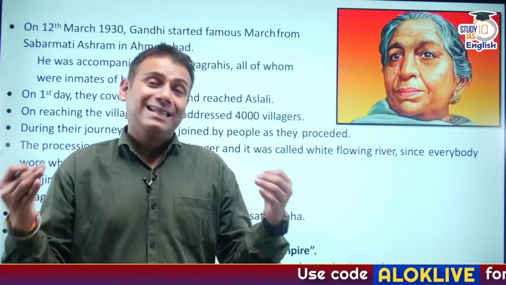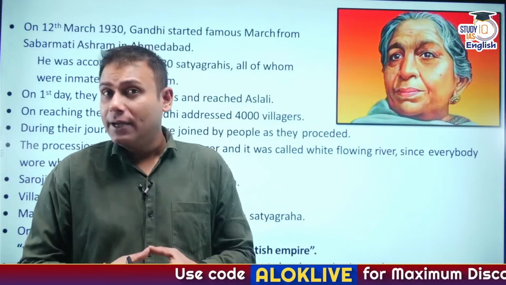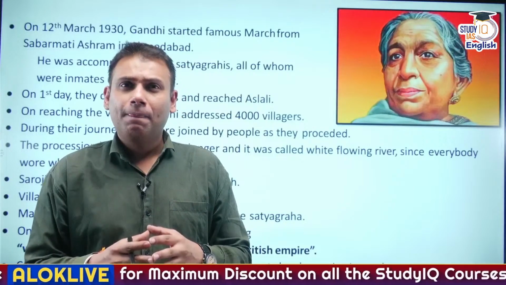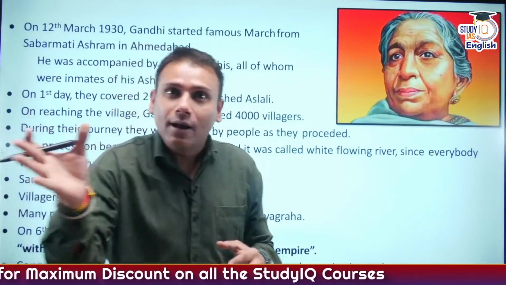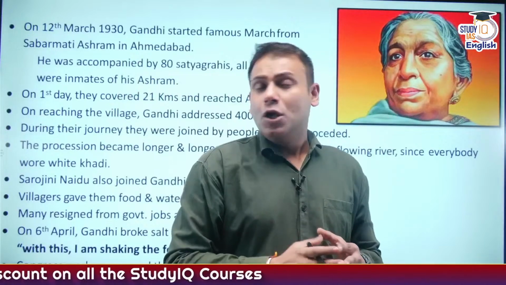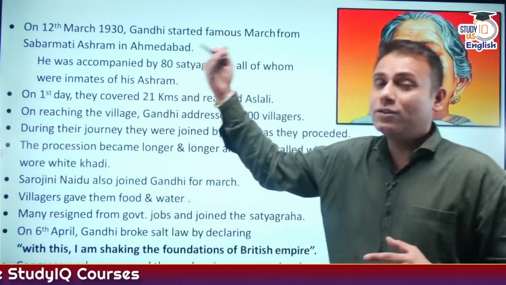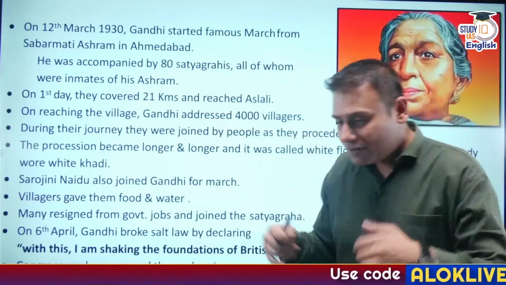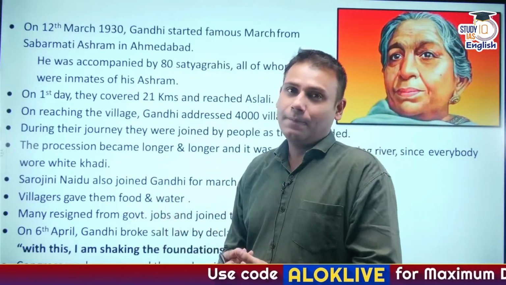Women were wearing white saris and men were wearing white dhoti and kurta. It seems like a white river is flowing. So by the time he reached Dandi on 6th April, there were many satyagrahis who accompanied Mahatma Gandhi.